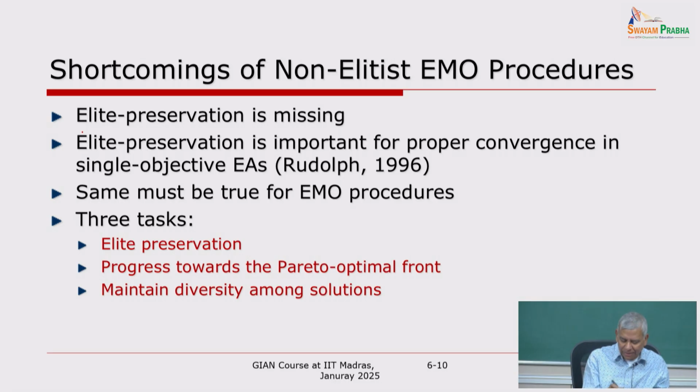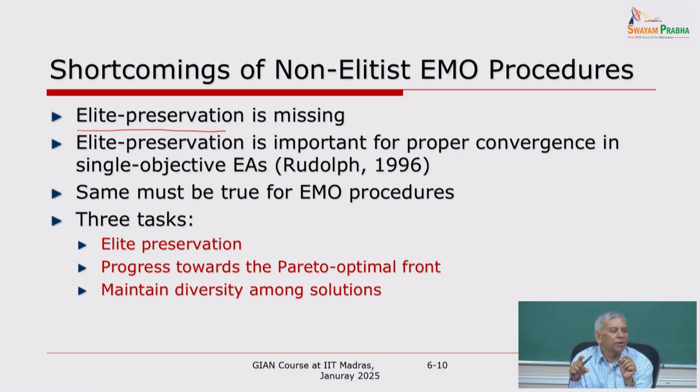Another drawback is that none of this had what is called elite preservation. What does it mean? When you are going from generation T to generation T plus 1, we do selection, crossover, mutation and create T plus 1, right?